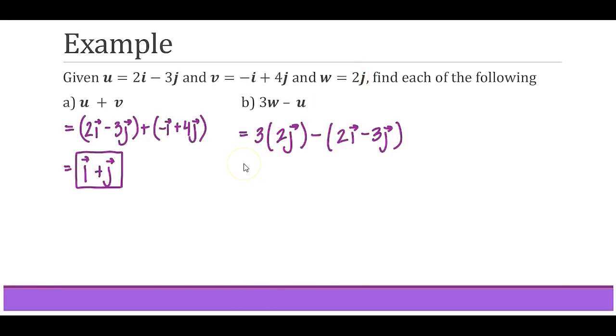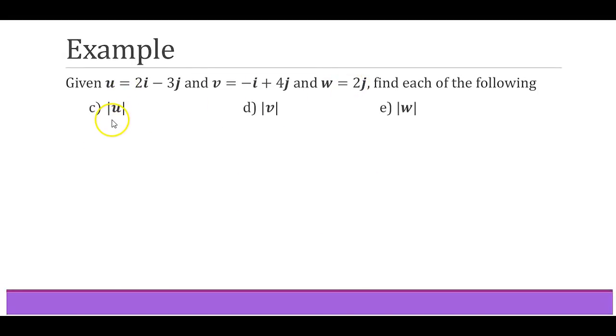So we have 6j, and then this minus distributes to both terms, so we have minus 2i plus 3j, and it's like adding like terms. We keep the i component first, so -2i, and 6j plus 3j is plus 9j.